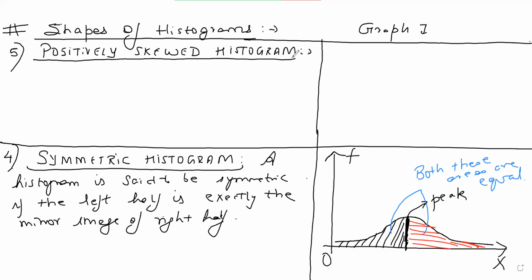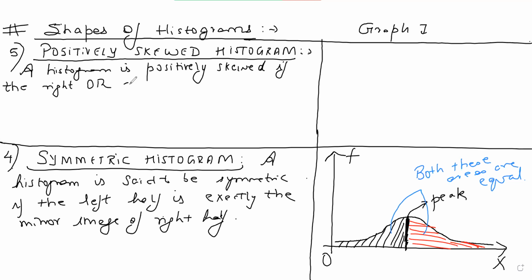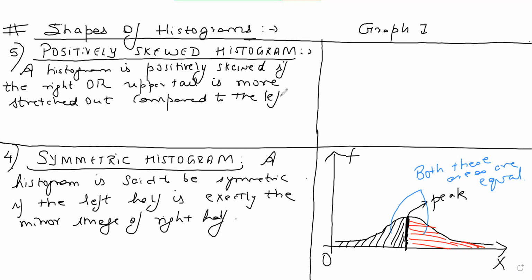Students can write that a histogram is positively skewed if the right, or I can say the upper tail, is more stretched out compared to the left or the lower tail.